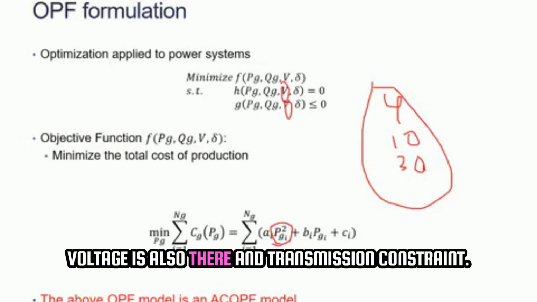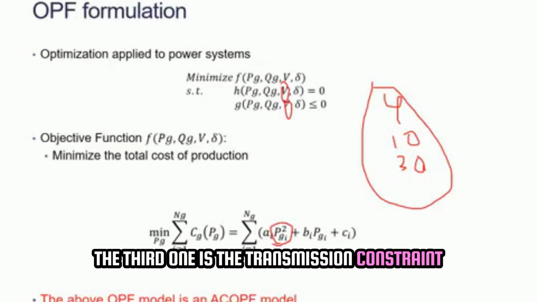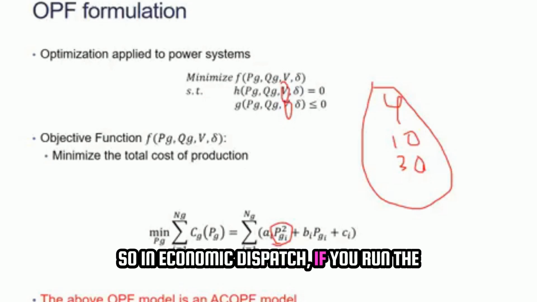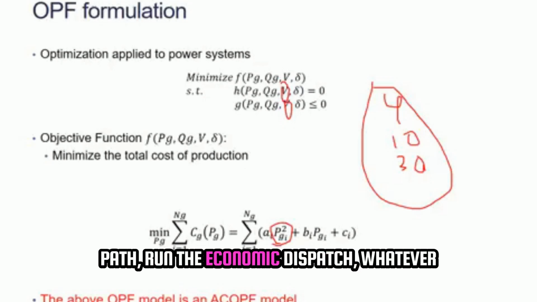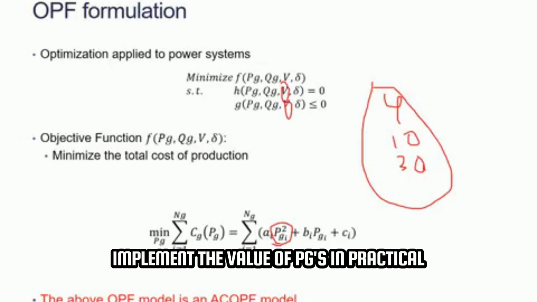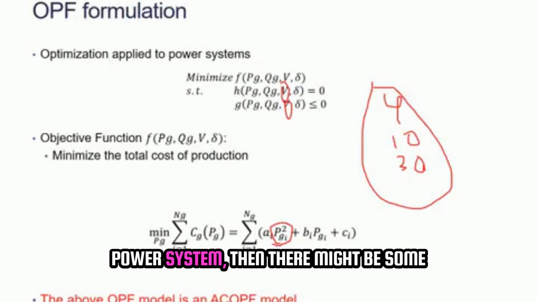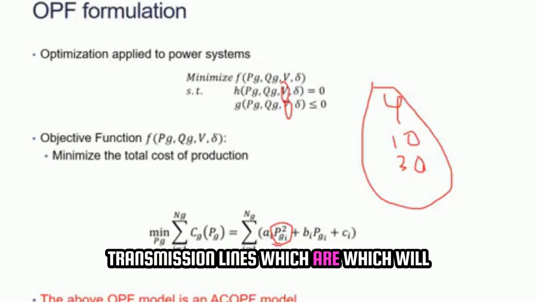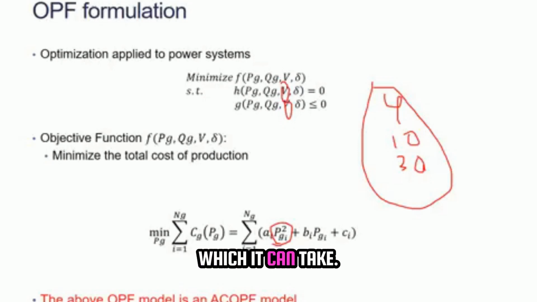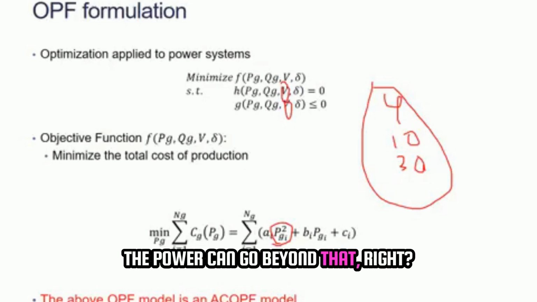Voltage is also there, and the third one is the transmission constraint, which is not there in economic dispatch. If you run economic dispatch and directly implement the values of PGs in a practical power system, then some transmission lines might violate the limit of the maximum power flow they can take, and the power can go beyond that value.